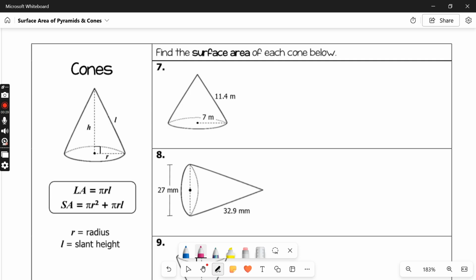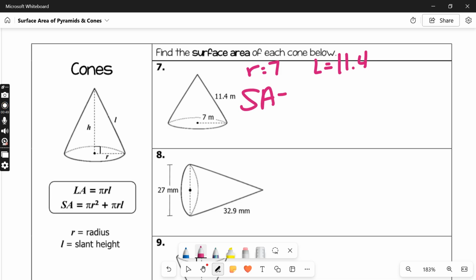So if we look at number 7, our radius is 7, and our slant height is 11.4. Those are the only two things we need. So R equals 7 and L is 11.4, and I'm just going to plug those into my formula.